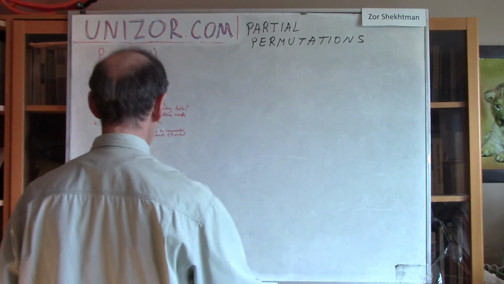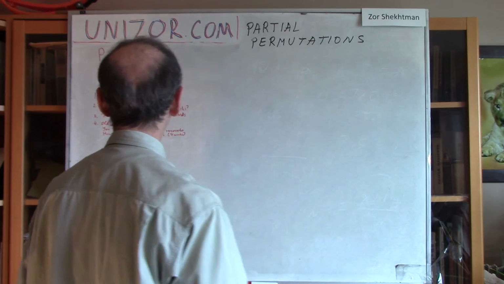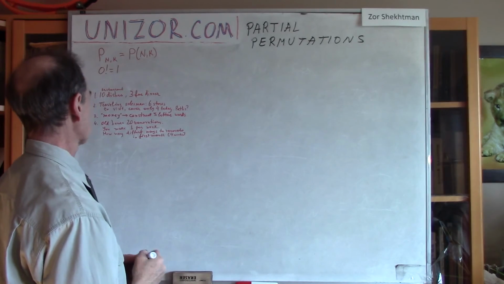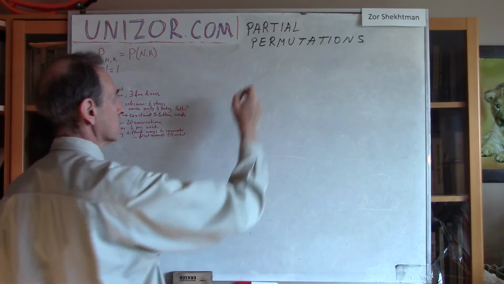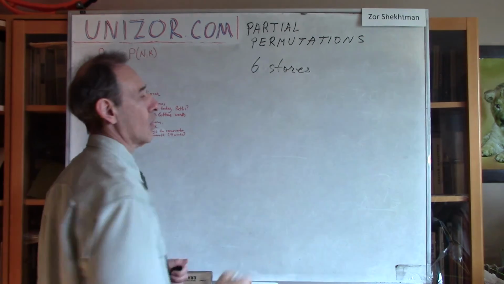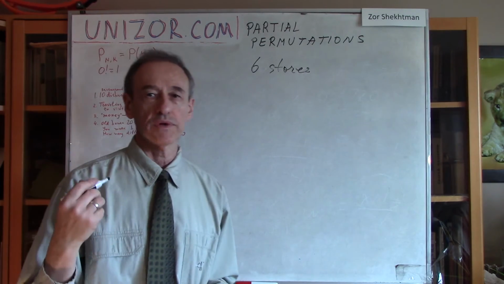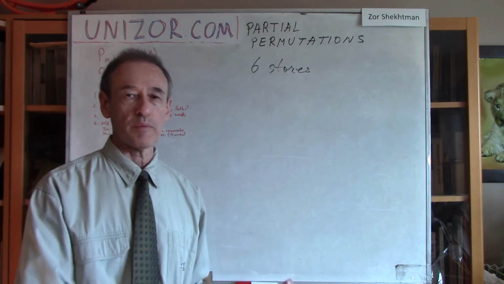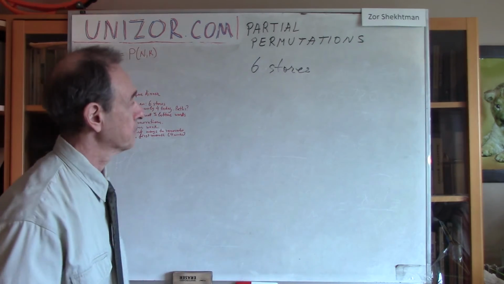And I have a couple of others, very easy ones. Now, we have a traveling salesman who has to visit 6 different stores with samples of the products he represents, some manufacturer or whatever.